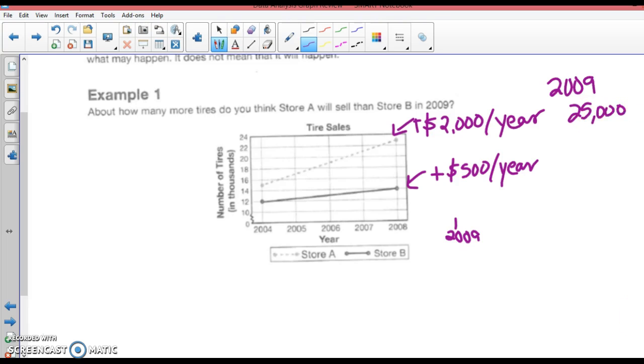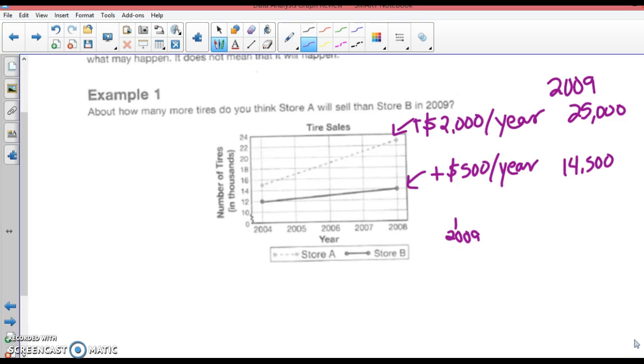And what will store B be at in 2009? It's at 14,000 now, and it's going up about 500 a year. What's it going to be? Okay. How do I figure out how much more this is than this?